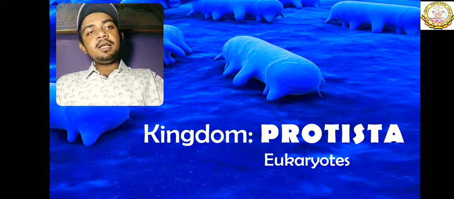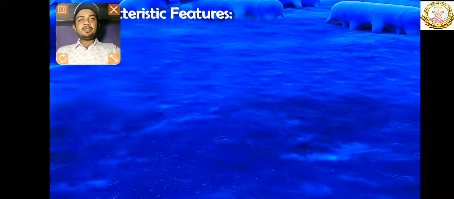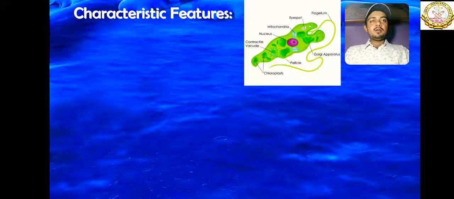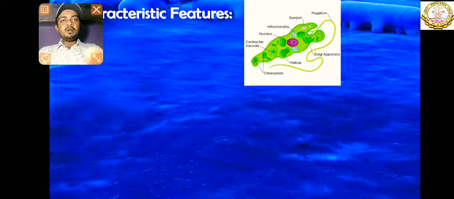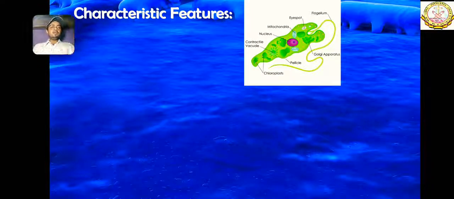First of all, let's see a few basic characteristics of this kingdom. So first of all, I would like to share two images with you. This image is a Protista.